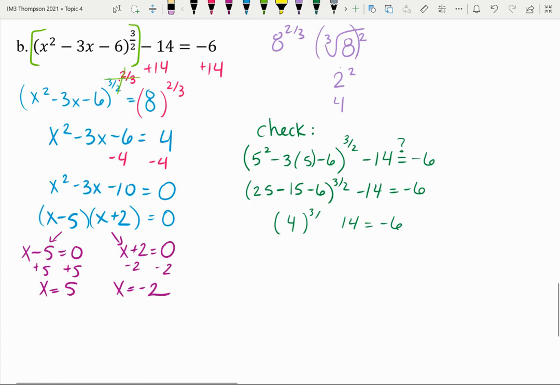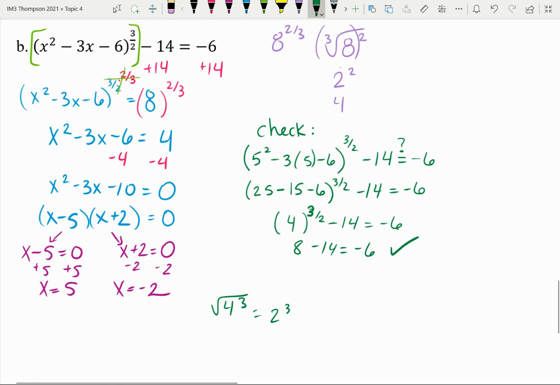Whoops, I copied the wrong fraction. Let's try that again. Evaluating 4 to the 3/2. It's helpful for me to rewrite this because this is square root of 4 and then cubed.